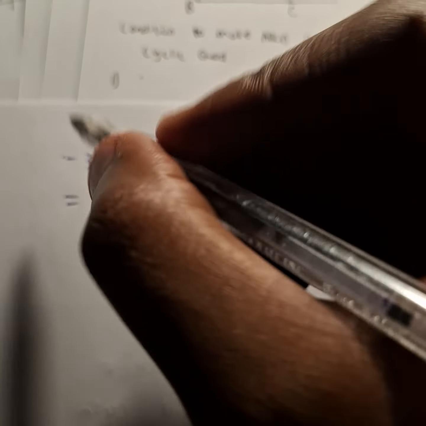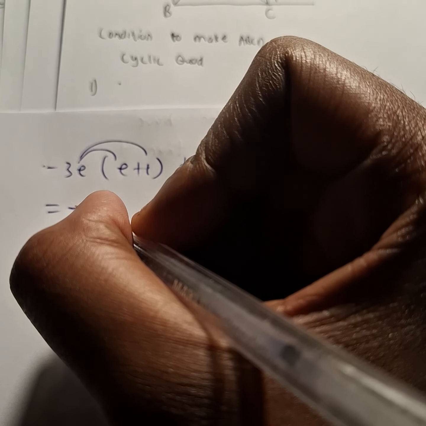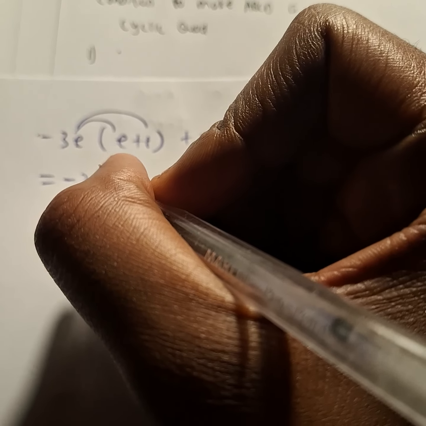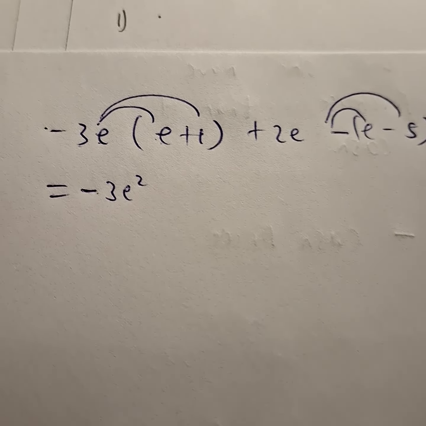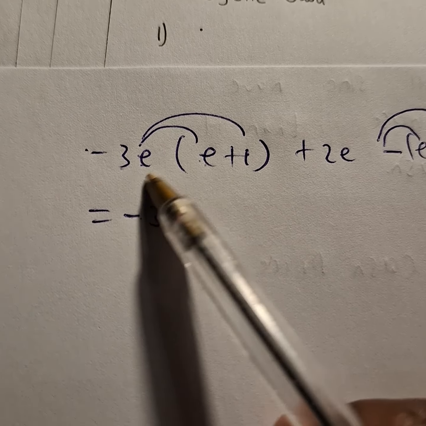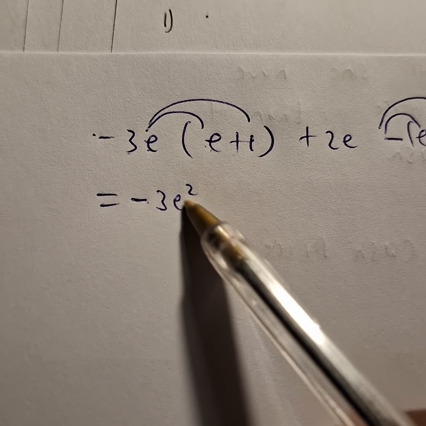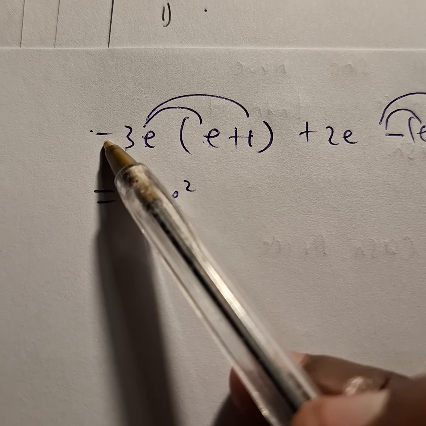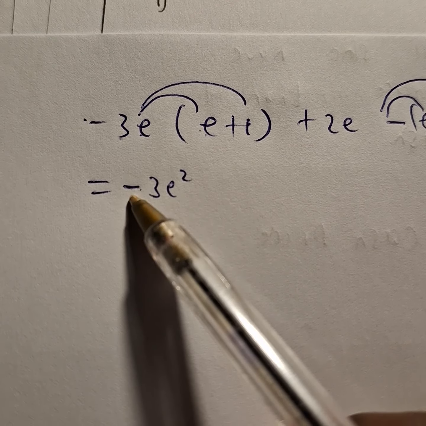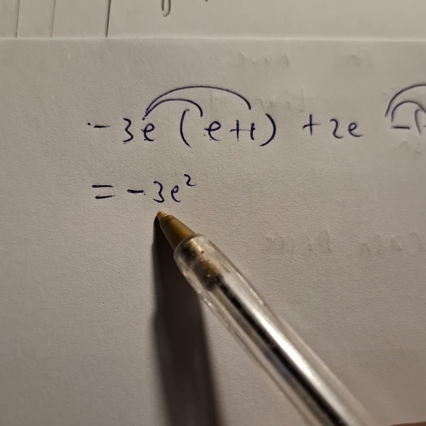Negative times a positive, 3 times 1. E times E. We keep the variables, we add the exponents, e squared. So negative times a positive, negative 3 times 1, 3.